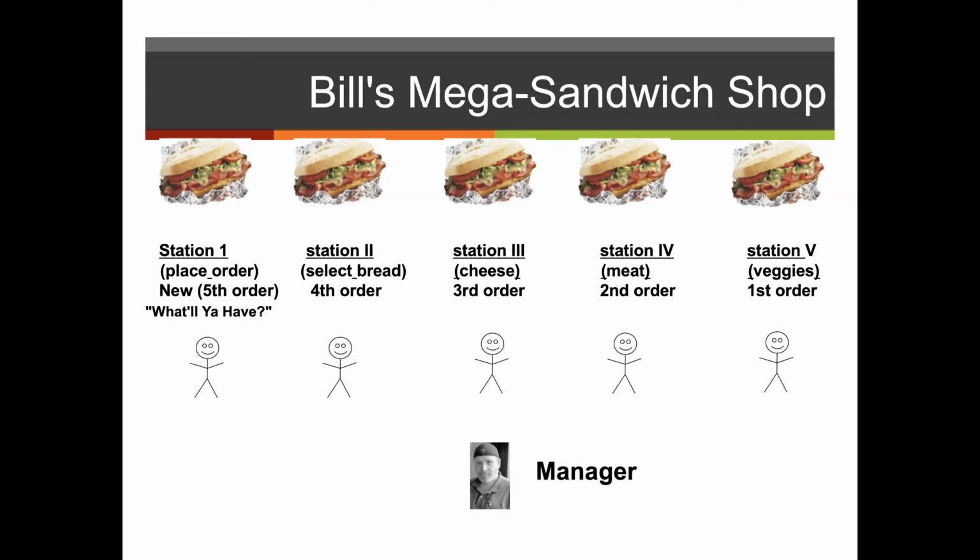If we consider this approach, we can see that by the time a 5th order is placed, the first order is being finished up, and then the second order will be finished up, and then the third order, and then the fourth order. So this means that most of the time during peak busy periods, during busy lunches, sandwiches can roll out in a very quick and efficient manner, where each employee has work that is being done successively.